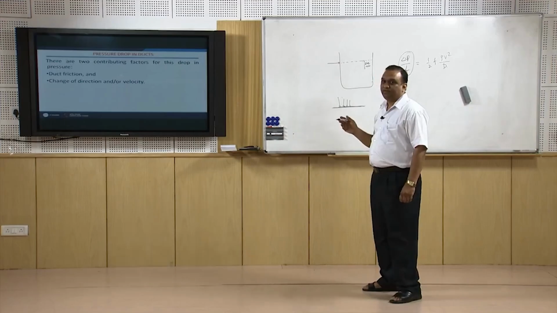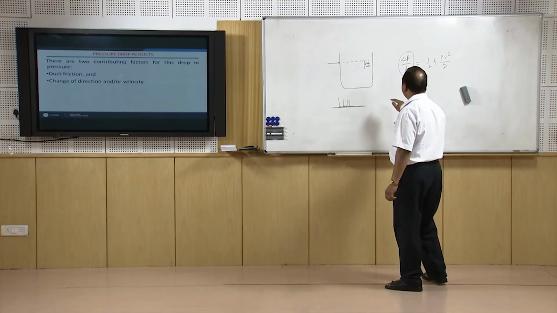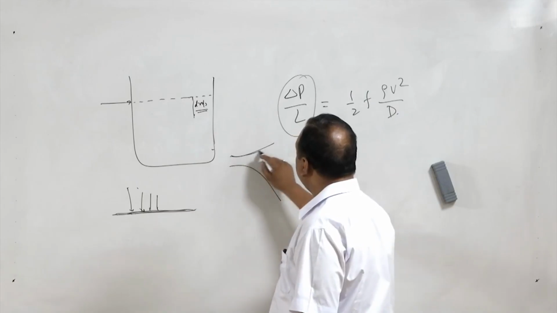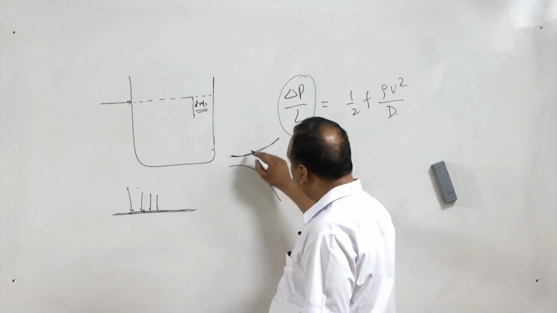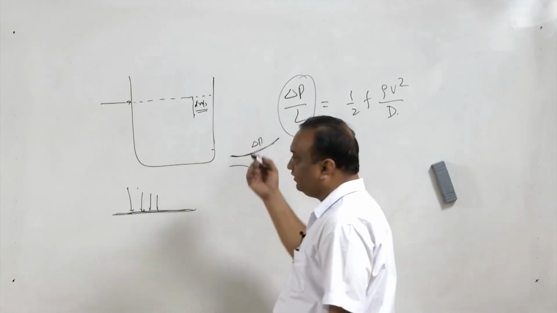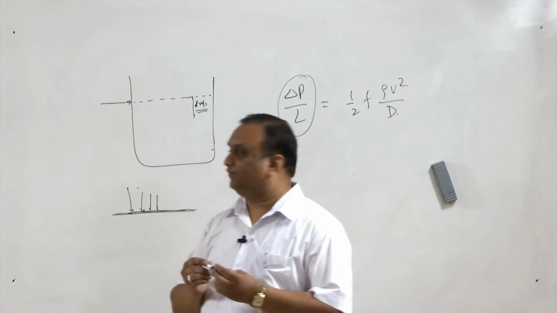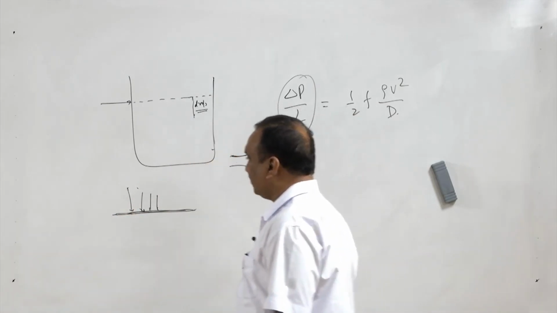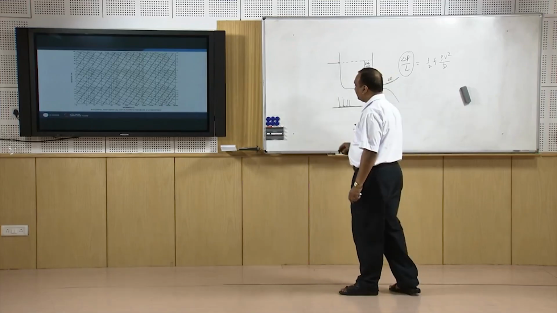And for change in direction and velocity, definitely when there is a change in inertia, pressure drop has to be there. So if there is a change in the direction of the fluid, pressure drop will be there, or if there is an increase in velocity, there is going to be a pressure drop. Now this is a duct friction chart.